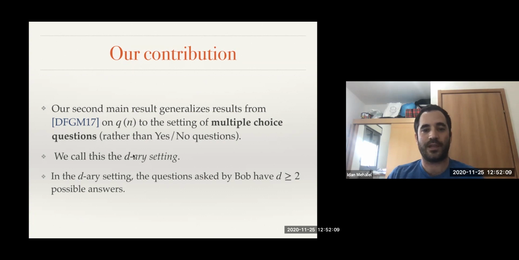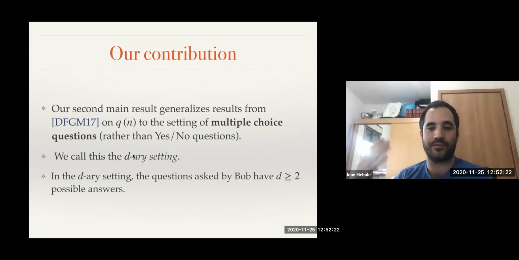If we talk about, for example, the binary decision tree that we have seen in the beginning of the talk, which is the way to represent a game, then in the D-ary setting, instead of a binary tree, we will simply have a D-ary tree. So every node will represent a question, and instead of only yes and no as edges, we will have edges 1 to D, each stating a possible answer to the question.